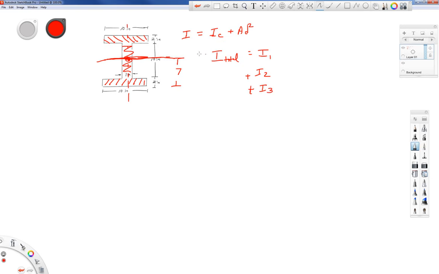Okay, so we're going to add the contribution of the top flange. Now to find that about the centroid of the entire cross-section, the moment of inertia contribution is 1/12 the base, which is 10 inches, times the height cubed.